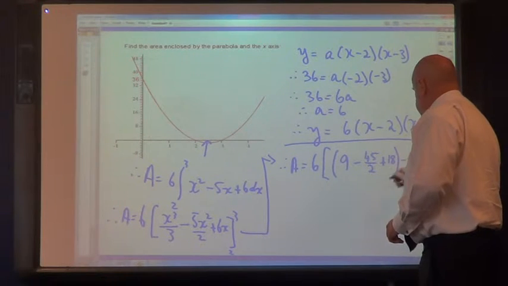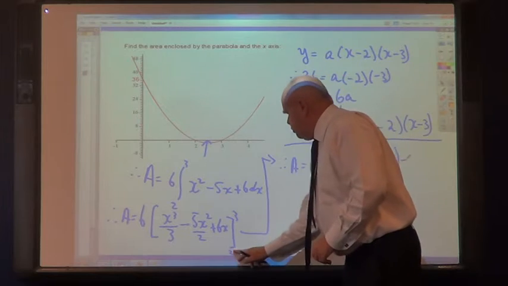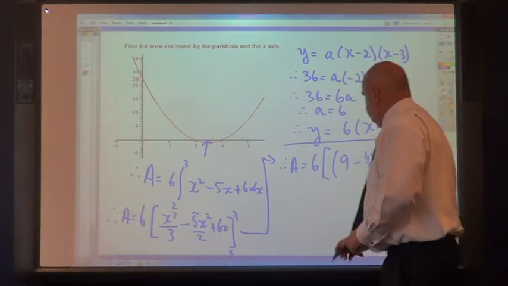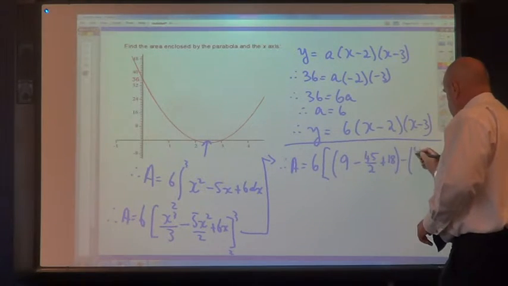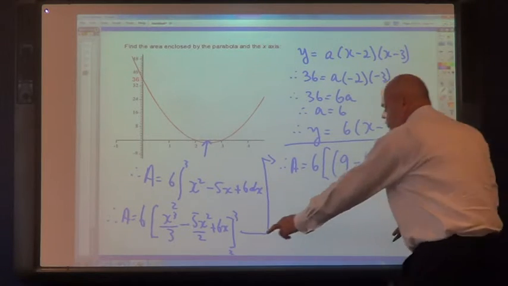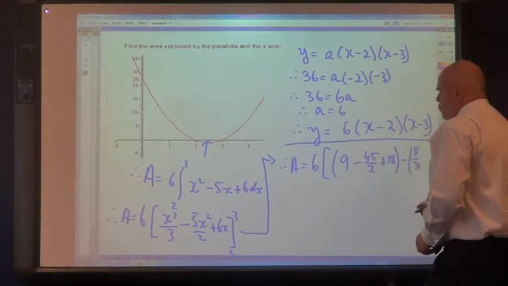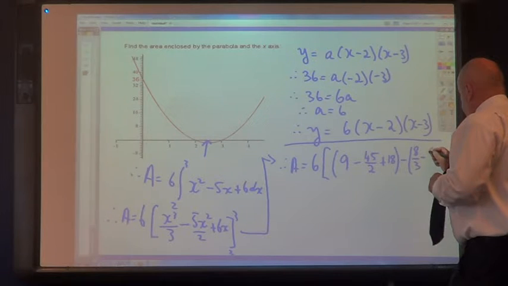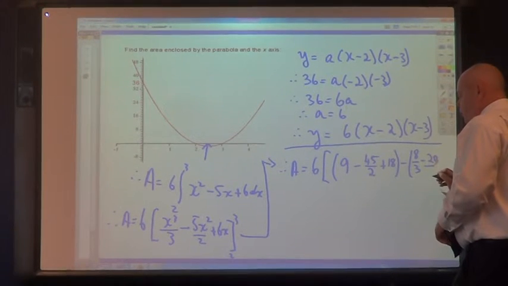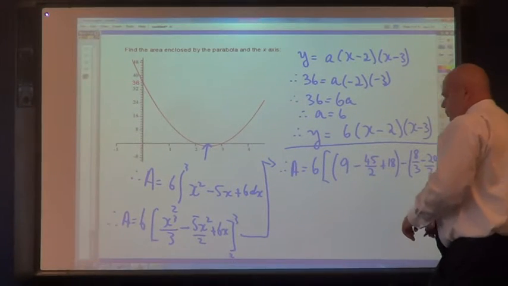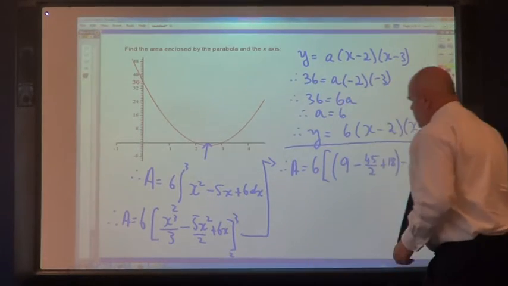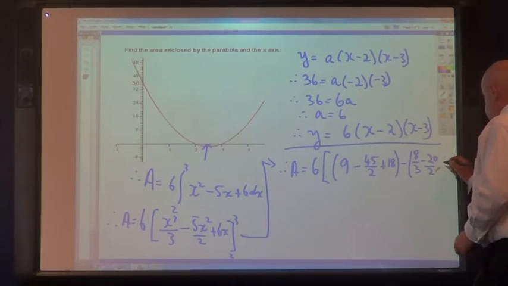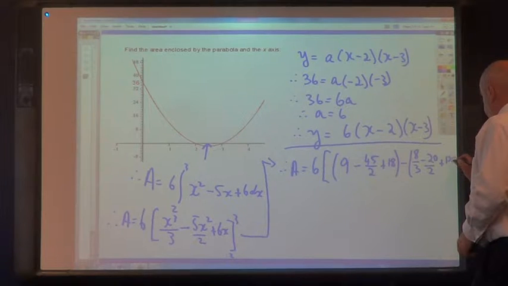From that we need to subtract, substituting the 2 in, 2 cubed is 8, so it's 8 on 3, 2 squared is 4, times 5 is 20, so minus 20 on 2, which does come to 10, I realise now, and plus 6 times 2 is 12, plus 12.